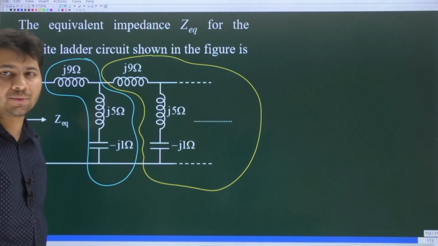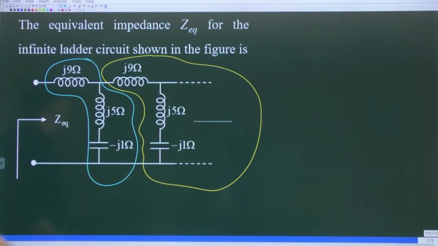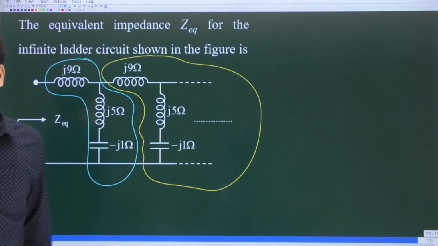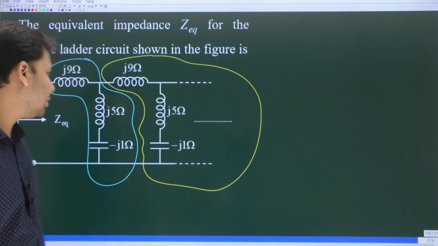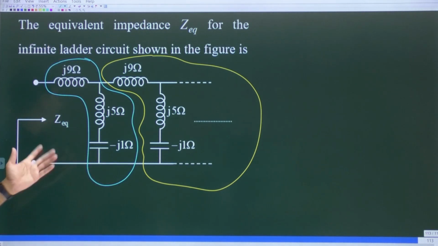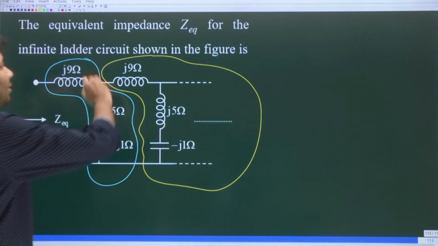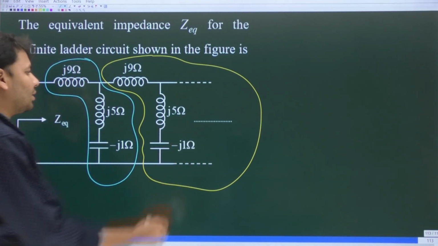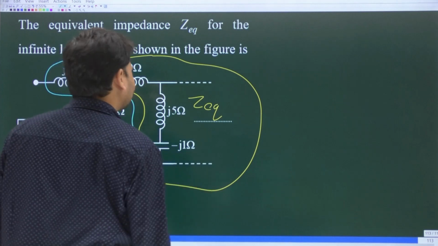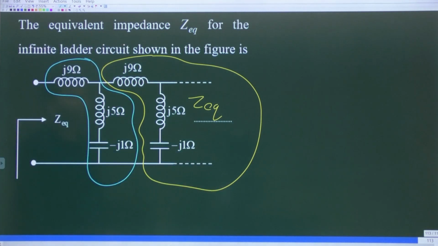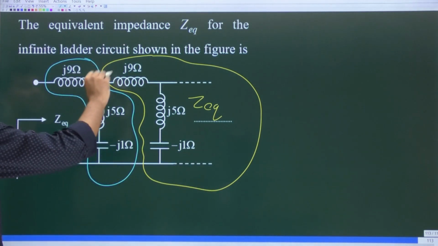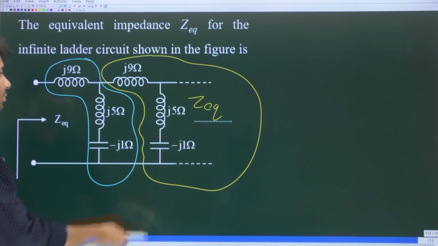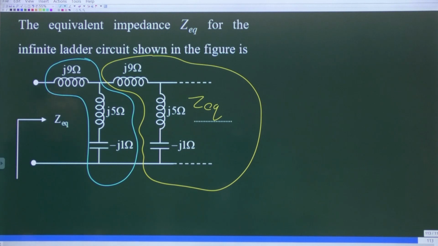So from the original network, it is like removing one section. If you remove one section from infinite sections, still you will be left with infinite sections. So for the original network, the equivalent impedance is Z equivalent. Even for this yellow color network, which also contains infinite number of sections, the equivalent impedance is going to be Z equivalent, which means we can replace the yellow color network which has infinite sections with one single impedance whose value is what?